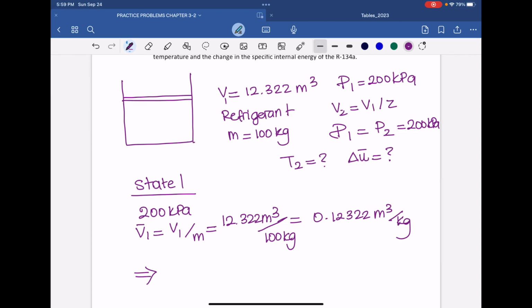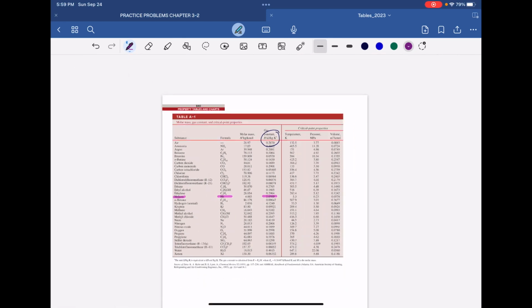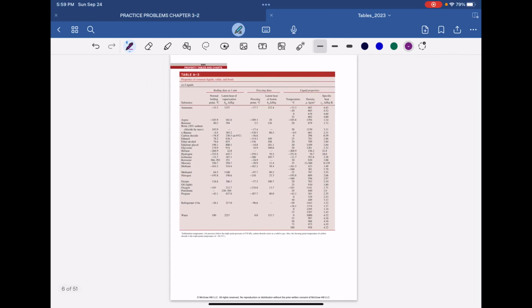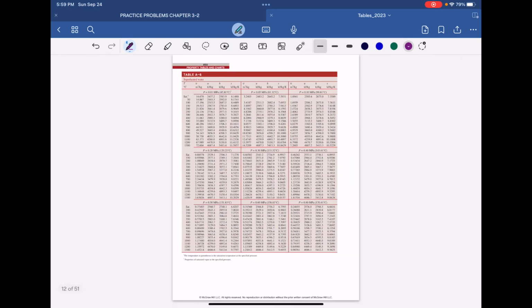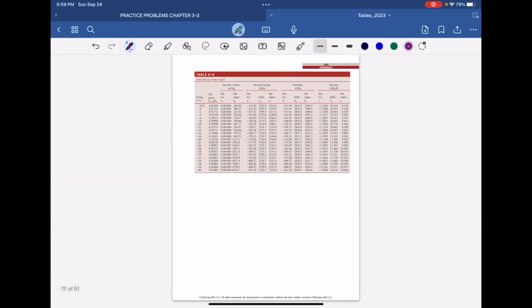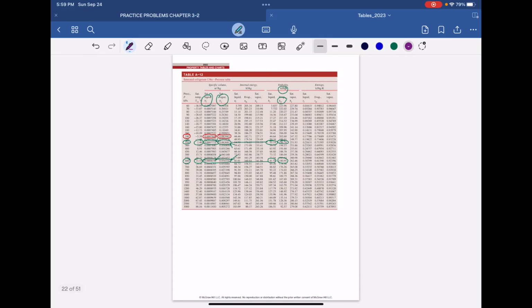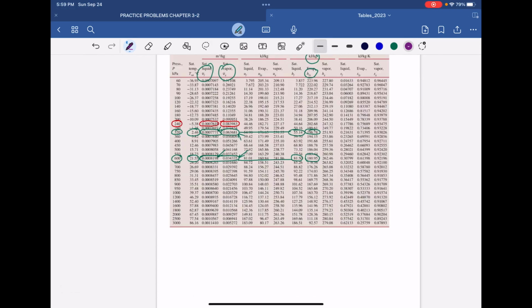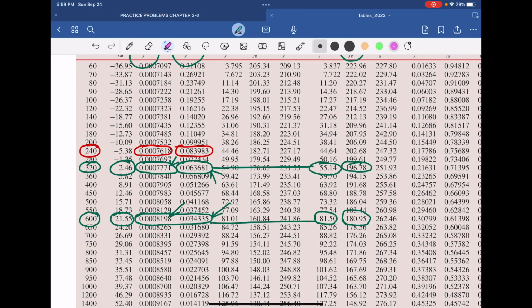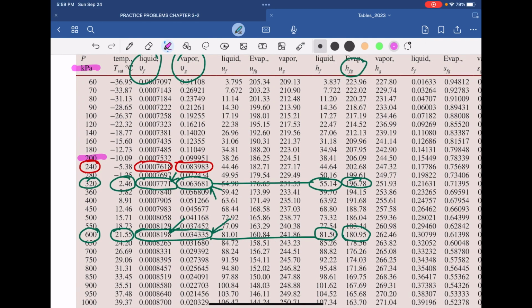At 200 kilopascal, what is the specific volume? It's gonna be fast, I'm sorry for that, but we need to find the refrigerant tables. Here, the pressure one, right? Because they tell us it is 200 kilopascal. And the specific volume we have is 0.123, okay? It looks like it is bigger than Vg.